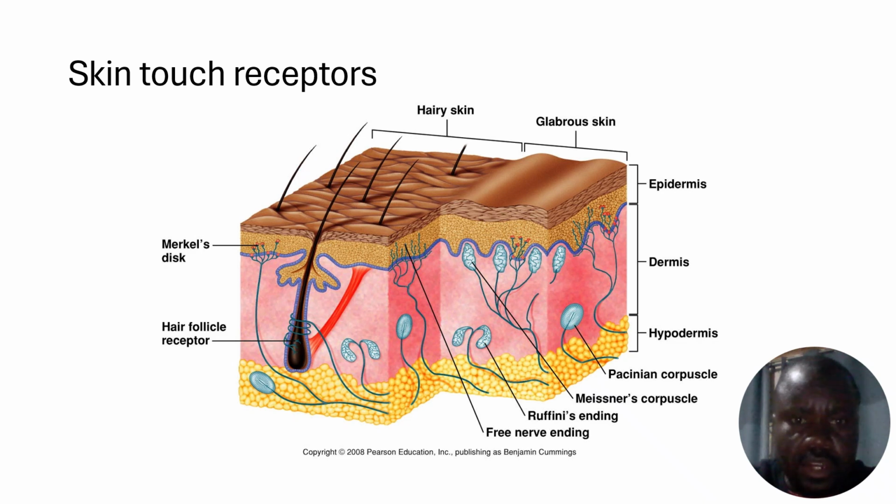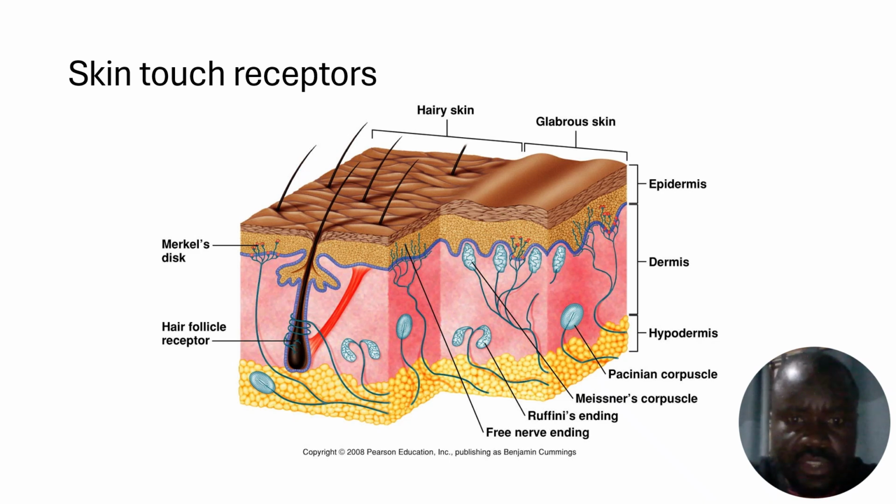Then also, as you press the body deeper, it is the deeper receptors that will be able to sense that, and the deeper receptors will be the Pacinian corpuscles and the Ruffini's. So you need to pay attention.